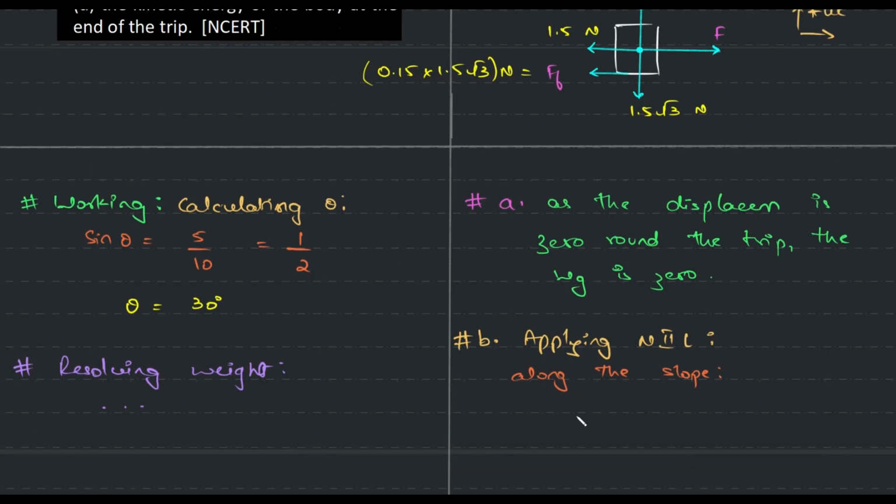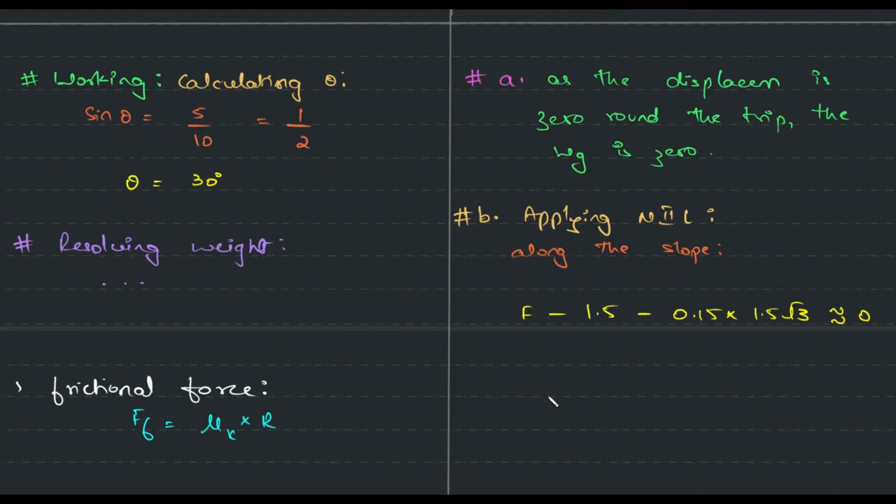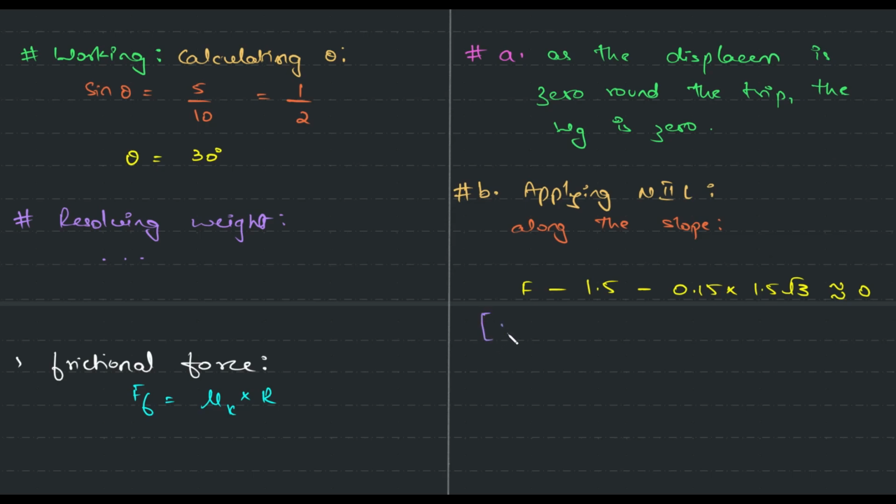Force F. If I have not done any silly mistake, then F minus 1.5 minus 0.15 times 1.5 root 3, all of this should be approximately equal to 0. Reason being, the object is moving slowly up.